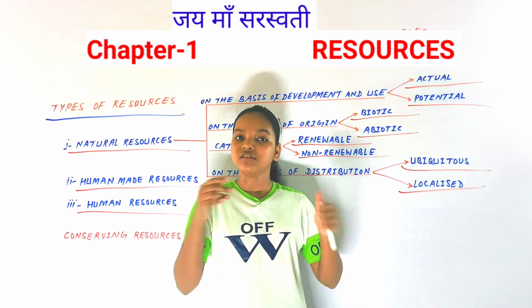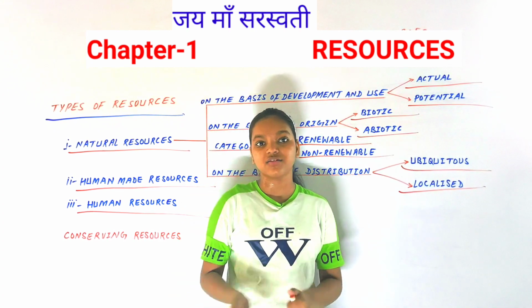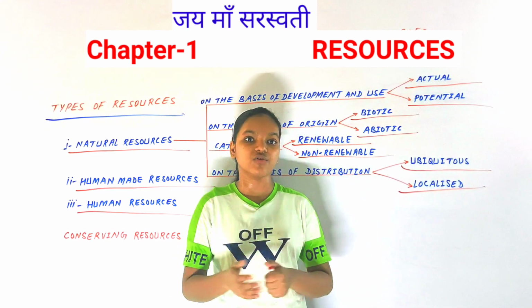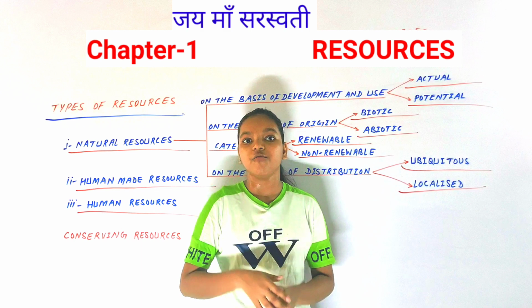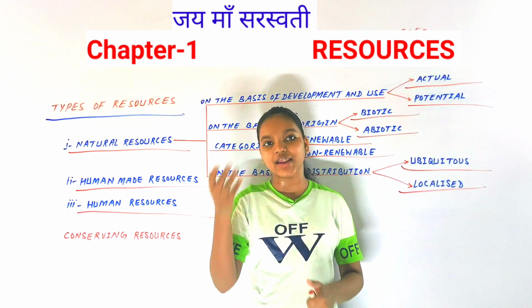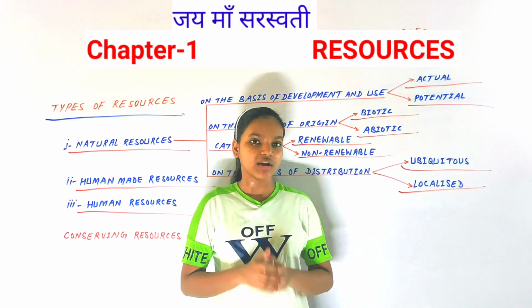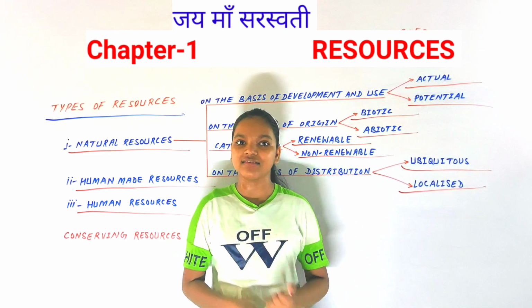So it is us humans who have to recognize resources. For example, fire was not a resource until we learned cooking. Water is used for hydroelectricity. If we didn't know that, how could it become a very important resource? So we have to recognize it.